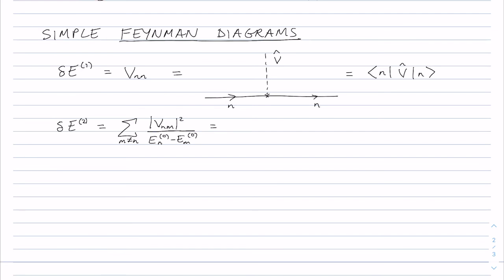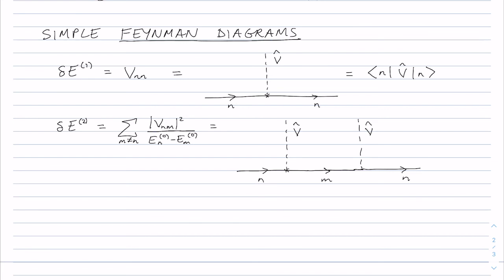The Feynman diagram looks like this. You've got N coming in, there's an interaction with V, and it becomes M, then you have an interaction with V, it becomes N.